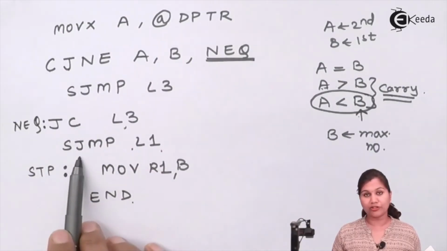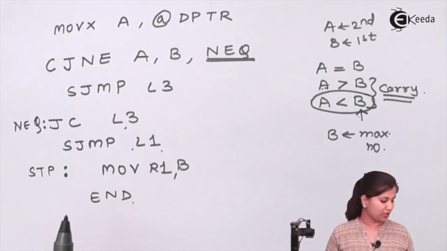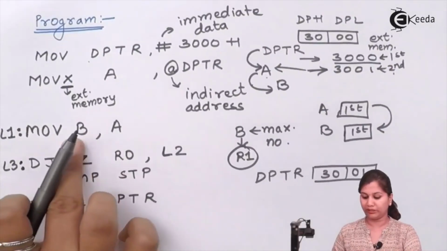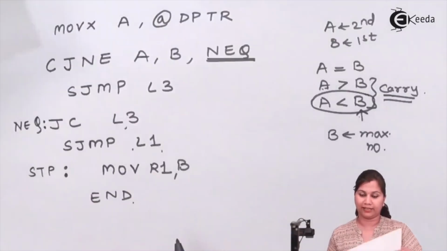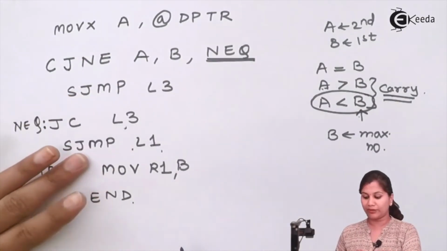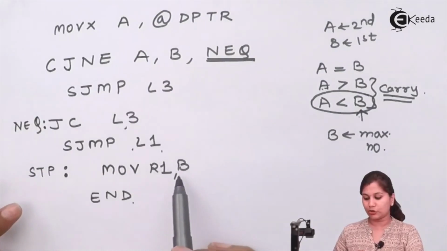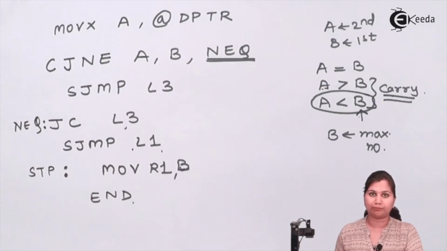If carry is not generated, then we have to exchange the contents, so the contents of A are shifted into register B, and the process is repeated again and again. When the counter has become 0, store the maximum number in R1 and end the program.